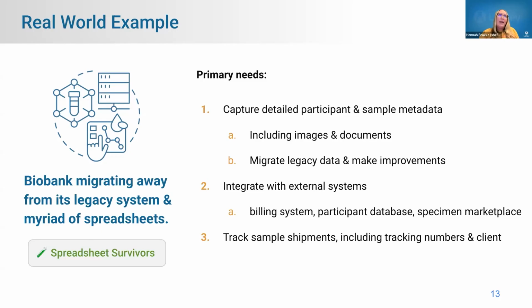The second main need that they had was to integrate with external systems like their billing system. They had a participant database and a specimen marketplace that they needed to be able to integrate with. And then lastly, being able to track those sample shipments, including tracking numbers and who the client was that they were sending that out to.